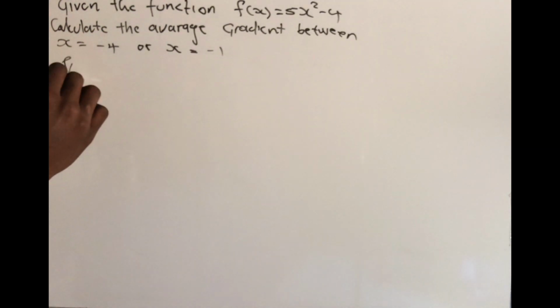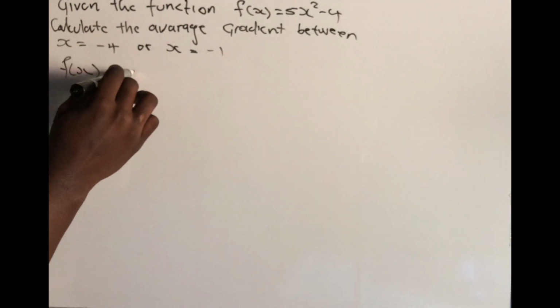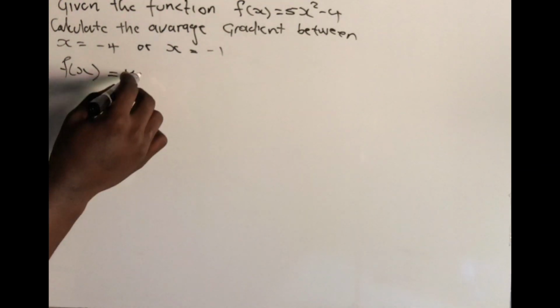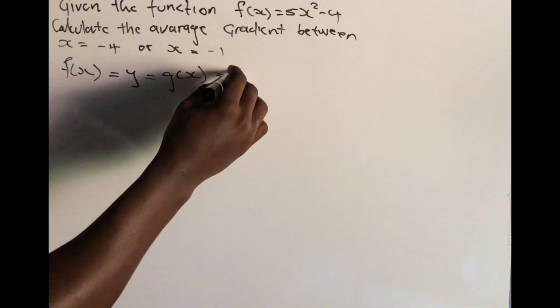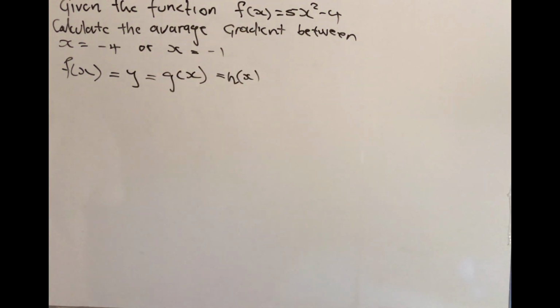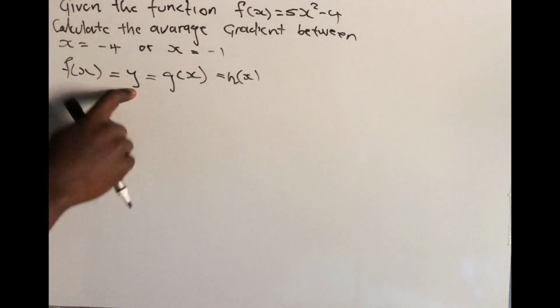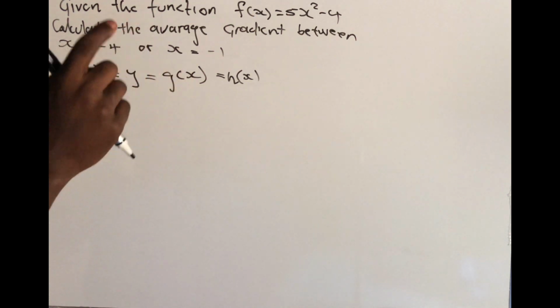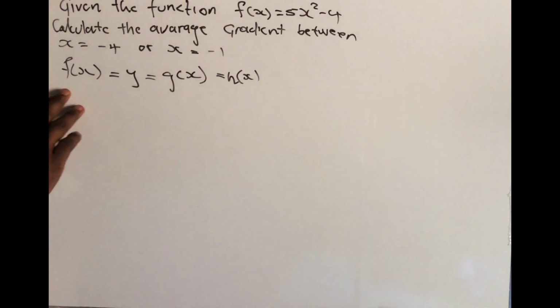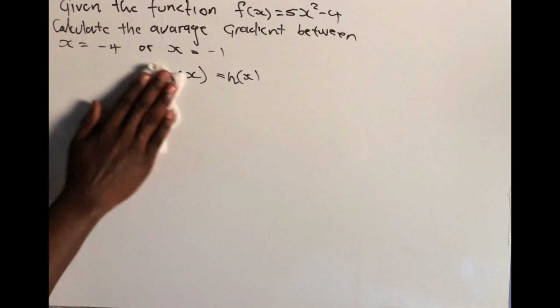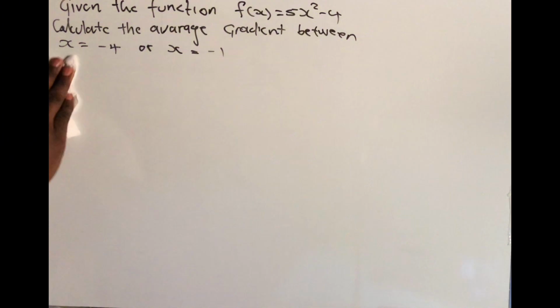So f of x is the same as y, or is the same as g of x, is the same as h of x. So f of x equals y, g of x equals y, h of x equals y. This basically means the values of y.